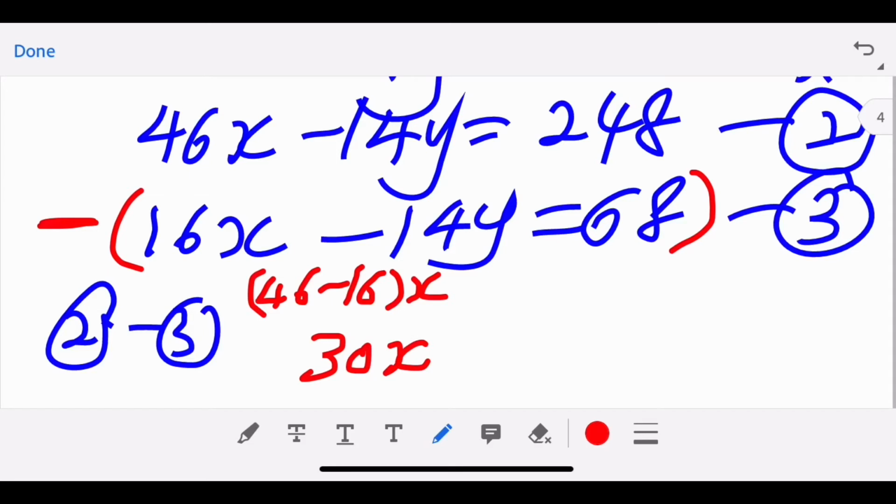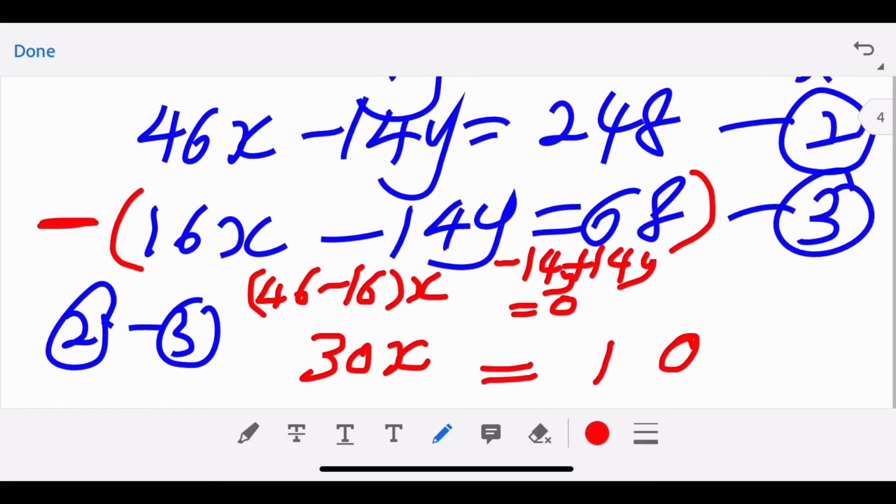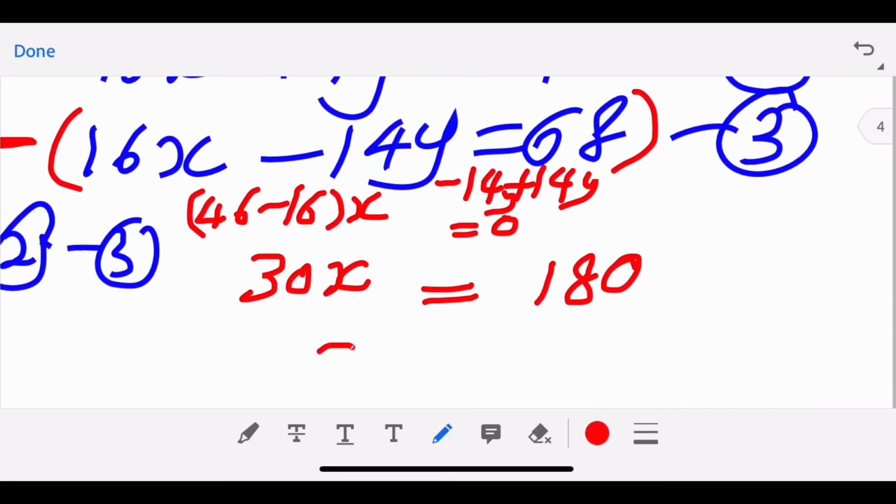So 46 minus 16, you get 30x. And then you notice that for negative 14, you minus negative 14 will be negative 14 plus 14. So it's 0y, that is so-called eliminate. Okay, 0y, so you don't have to write y. So it's equal to 180.